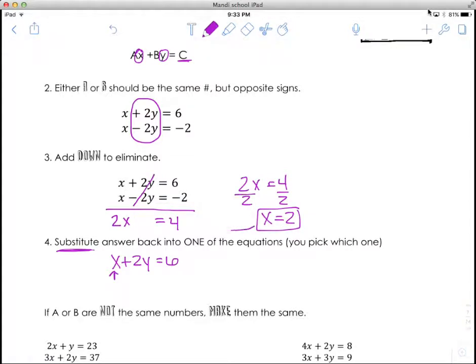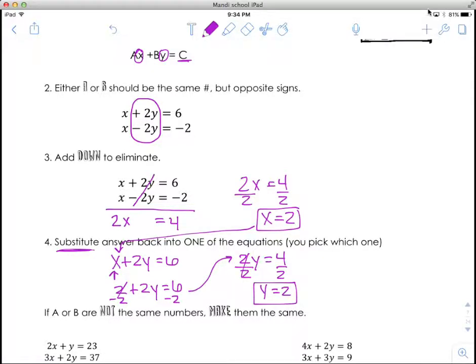So this is going right here. 2 plus 2y equals 6. Subtract 2 from both sides. So we're going to go back up here now. 2y equals 4. Divide both sides by 2. y equals 2.